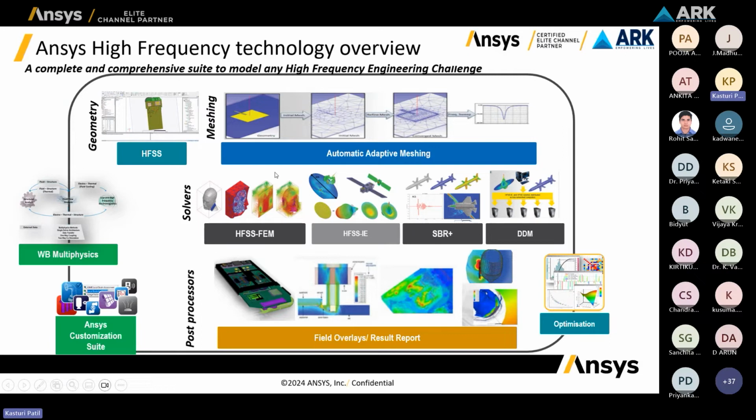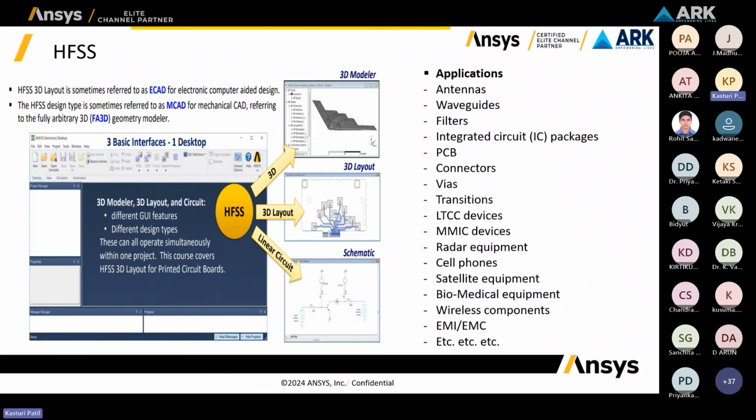We apply mesh to it, we apply solvers to it, and then we start optimizing the design. Once we run the simulation, we get to know whether our antenna is operating at our desired frequency or not. If it is not, again we do the optimization and try to achieve our operating frequency. So that's how the whole process works in HFSS.